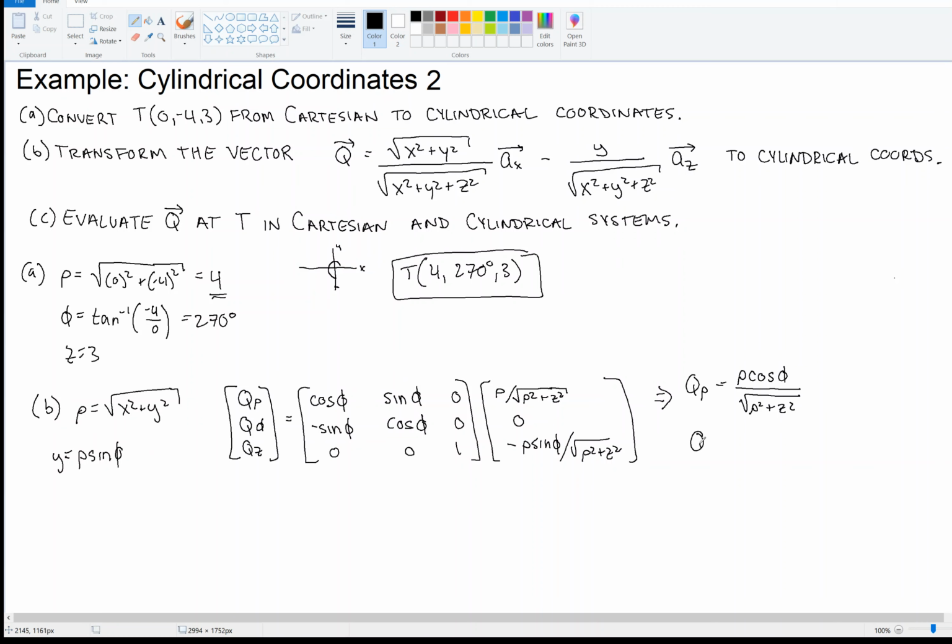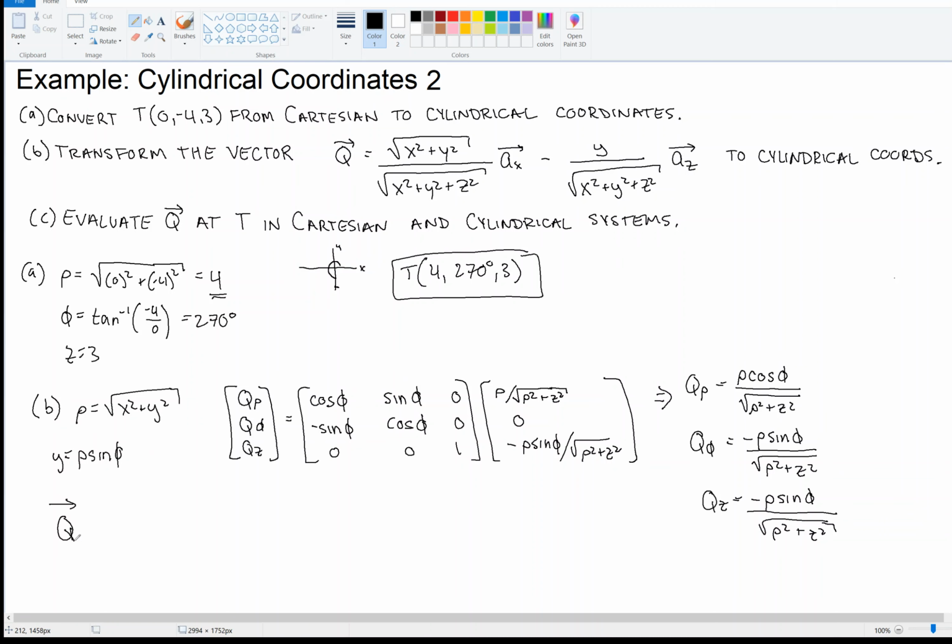And then when we carry out the multiplication for the phi component of q, we get minus rho sine phi over that denominator, right? And then when we carry out the multiplication, we get the z component of q, which remains unchanged, of course, over that same denominator. So this is what we have. So let's just be precise here.